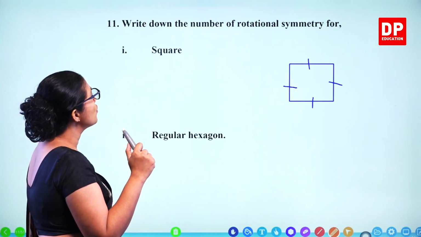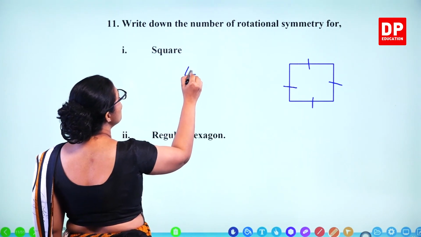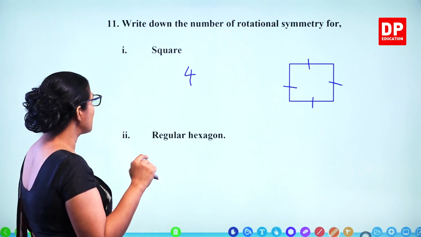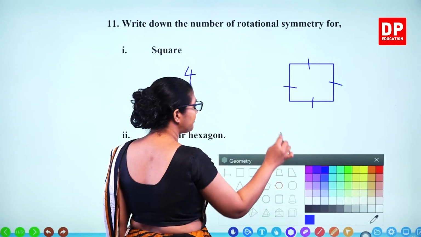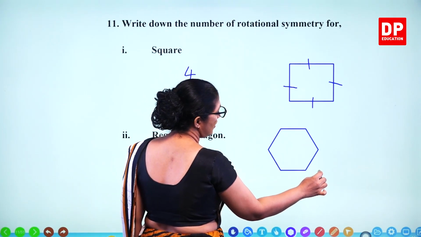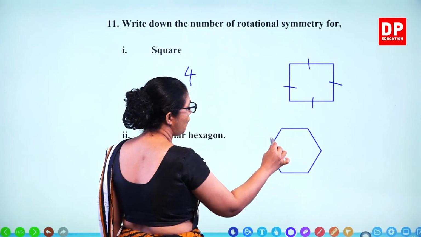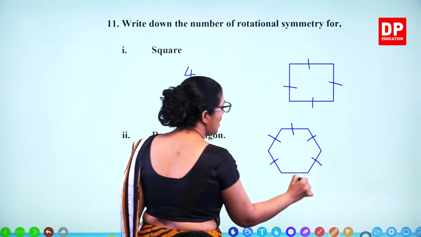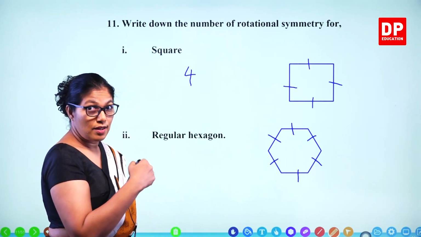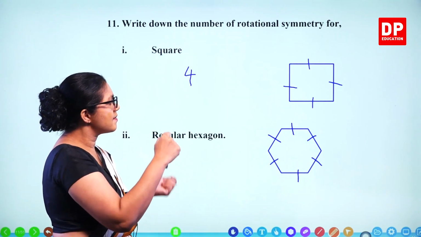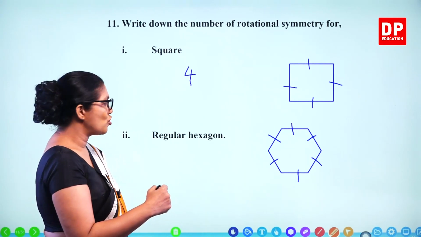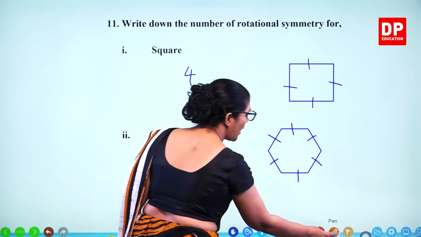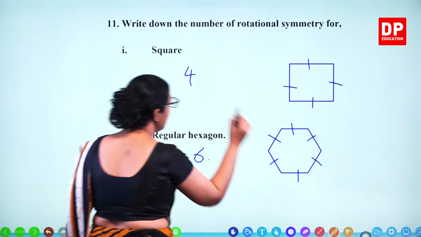That's called rotational symmetry. So 4 is the number of rotational symmetry. Regular hexagon: 1, 2, 3, 4, 5, 6, a 6-sided shape. All sides are equal. That means when you rotate 360 degrees, you get the same shape 6 times. So 6. You get 2 marks for that, 1 each.